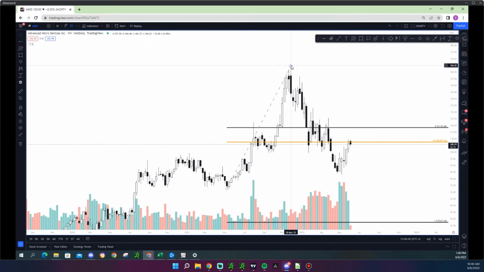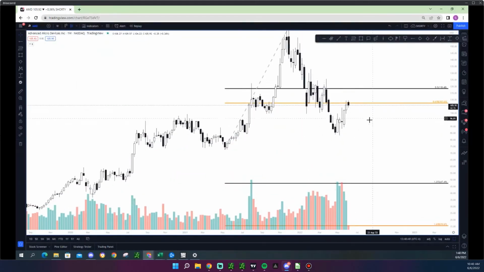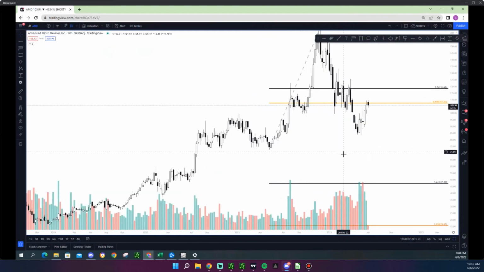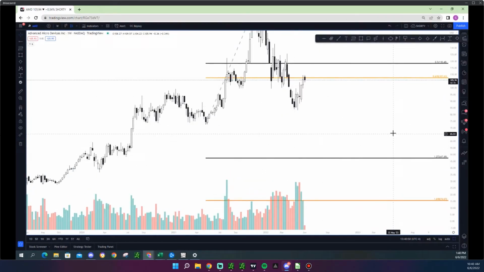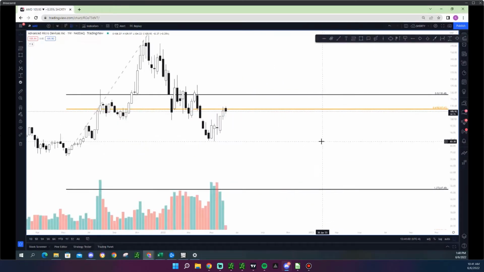From the all-time high to get to the 50%, it took 3 months. These are, as I call them, major fibs, right? You cannot trade these weekly fibs on daily charts or 3-minute charts. These are your major levels. If you're shorting, these are the major levels that you want to play.